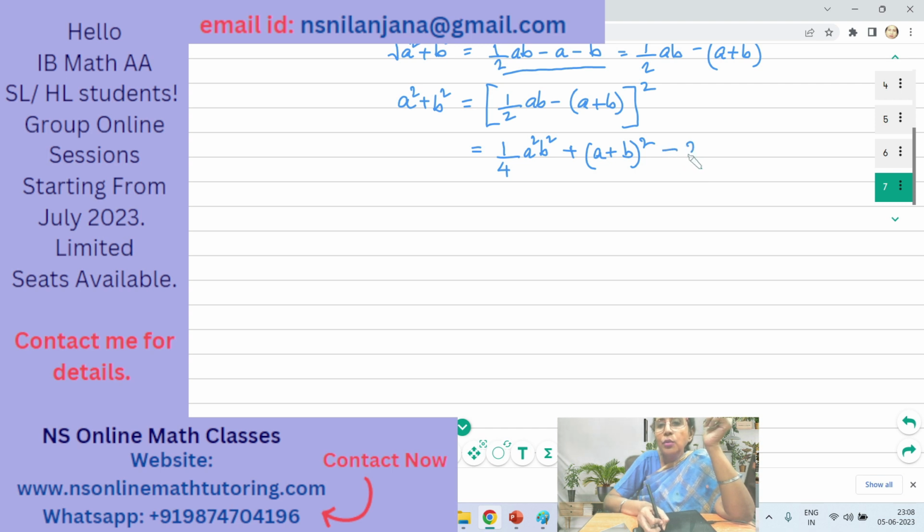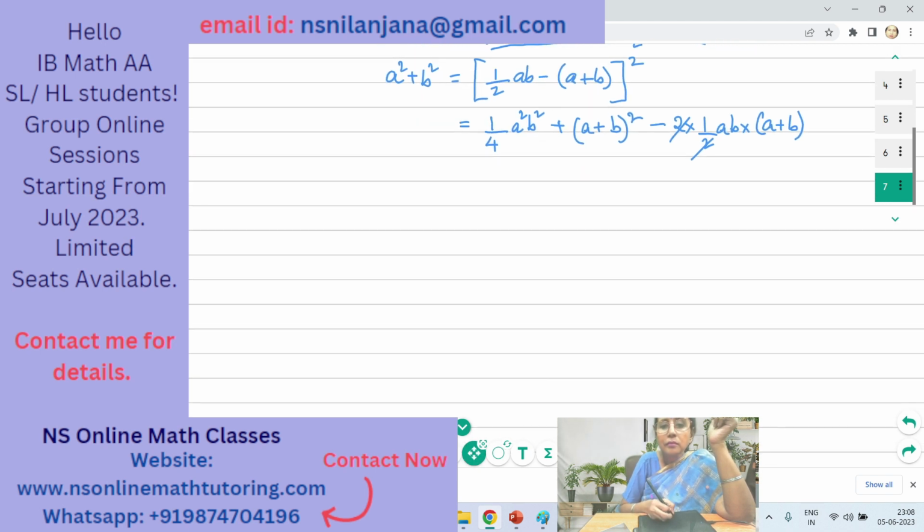So minus 2 times x is half ab, y is a plus b. So this is 1/4 a square b square. Now I am expanding.